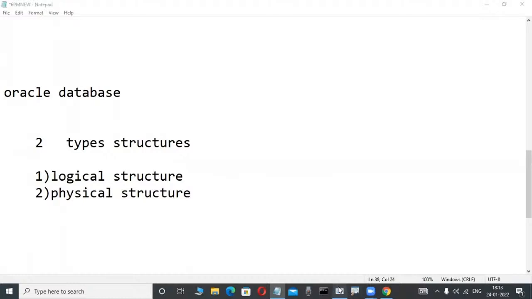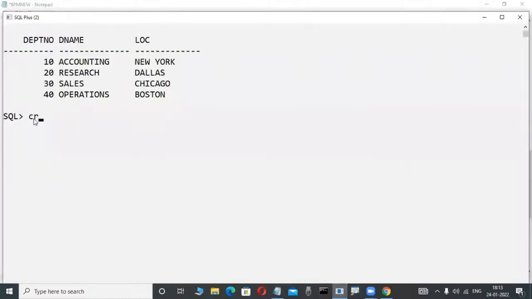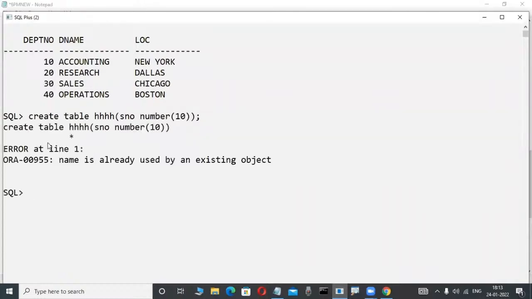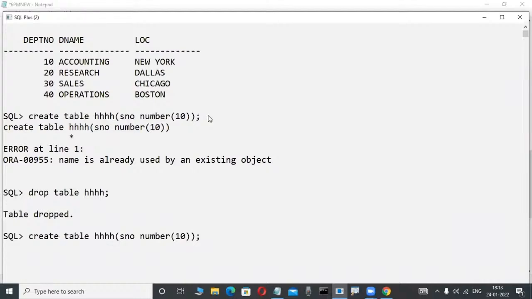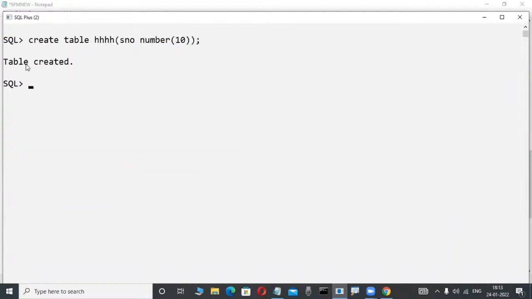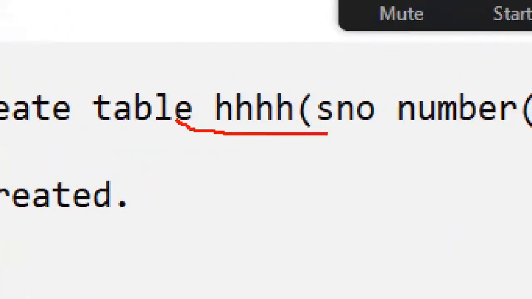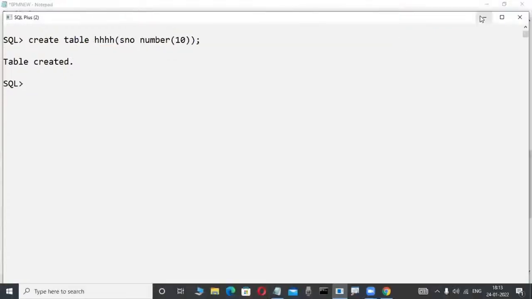Suppose you are creating a table or anything in your database, for example. Whenever I am creating a table, this is not visible in the operating system.